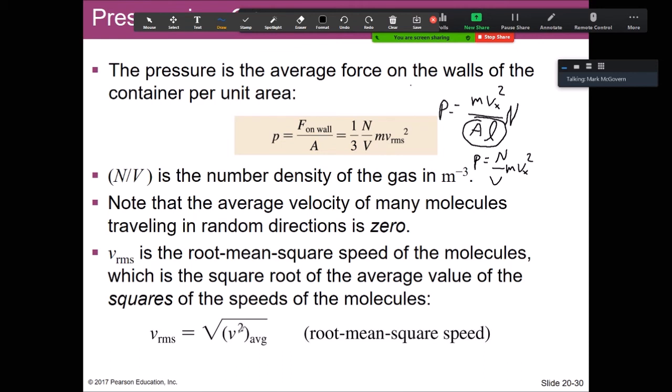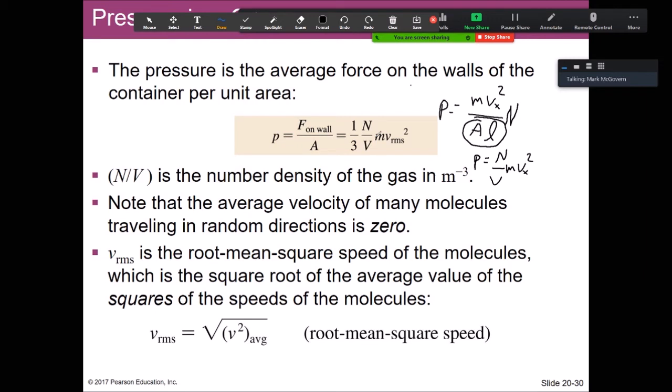The easiest way to model that is to basically sum all these up, and you get a factor of 3 right down here, and then this is going to be known as the root mean square, so it's a square root of the square averages. And so now we've got this particular expression here.